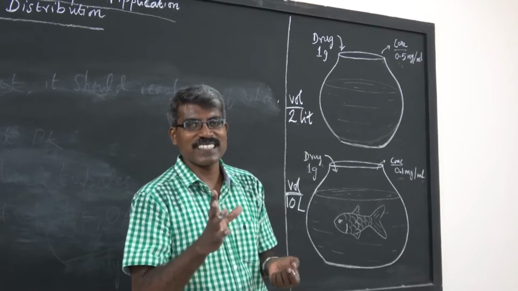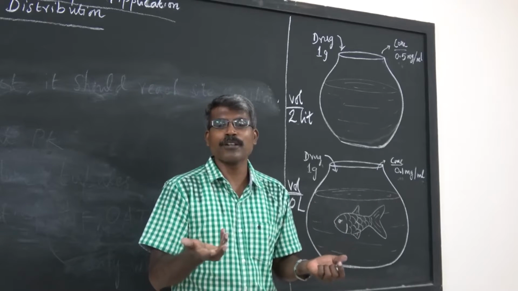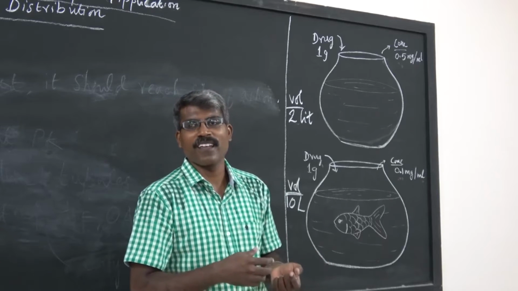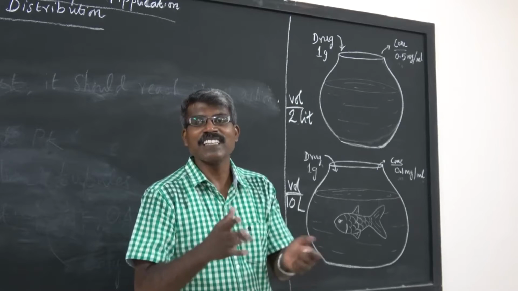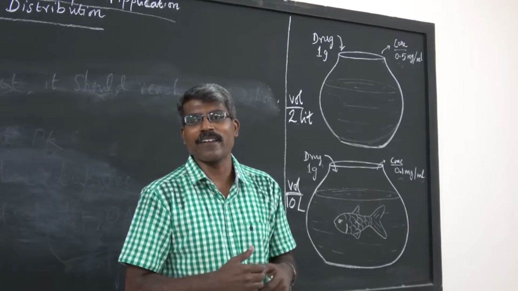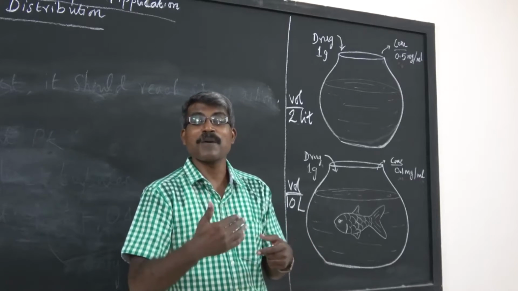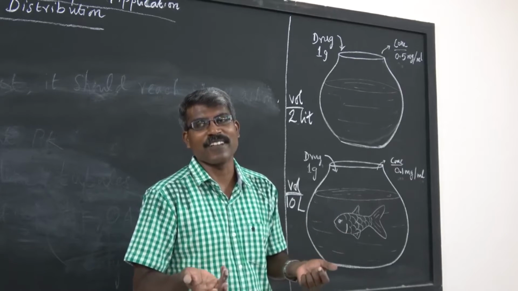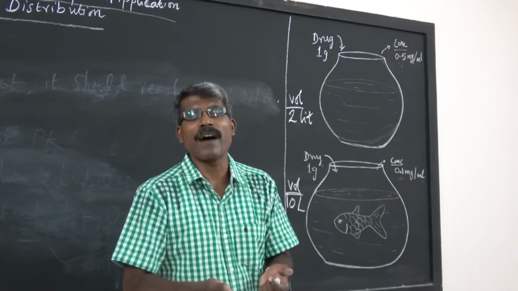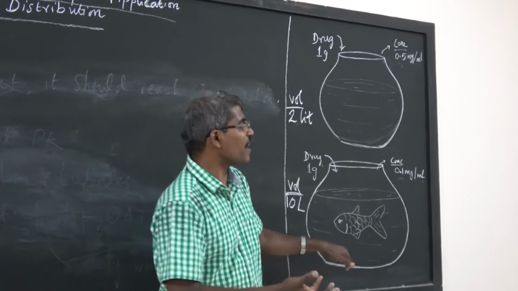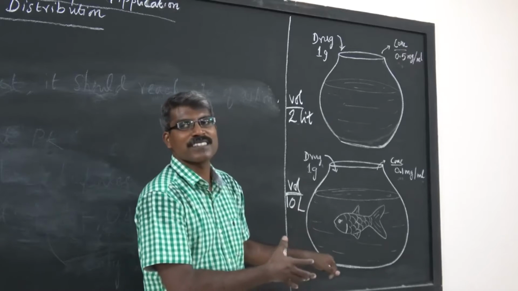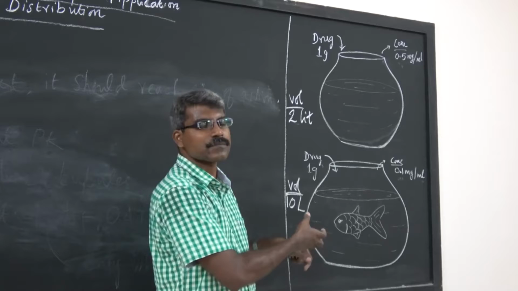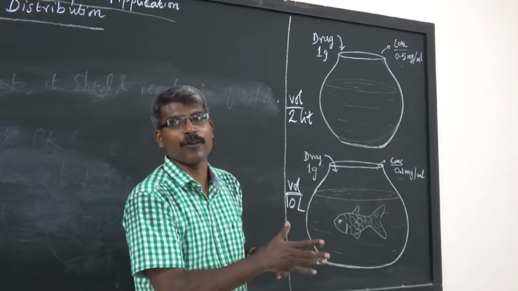So this is just a hypothesis. There are drugs, for example chloroquine, whose volume of distribution is 13,000 liters in a 70 kilogram man. This is much greater than the volume of the total body of a 70 kilogram man itself. That's why this is called apparent volume, right? Are we clear about how we calculate this volume of distribution and why we say this is apparent and not a real volume?